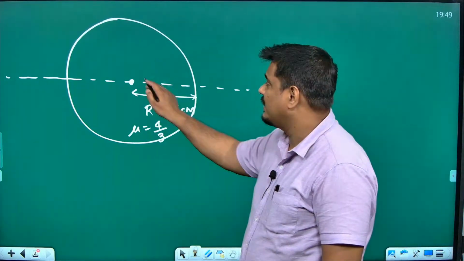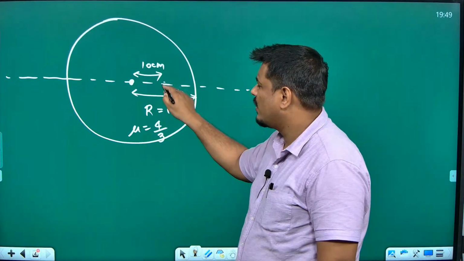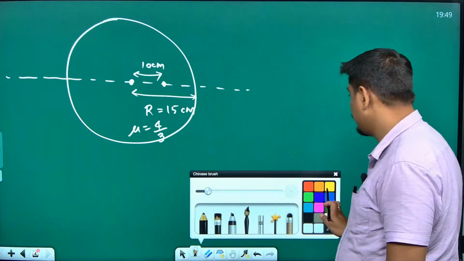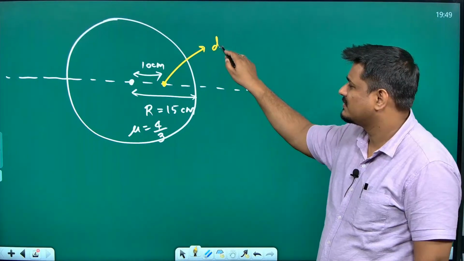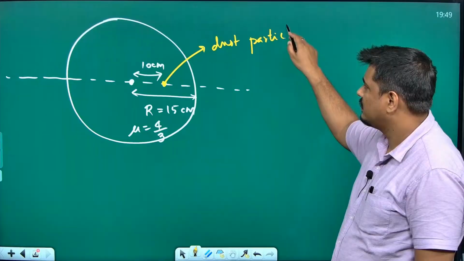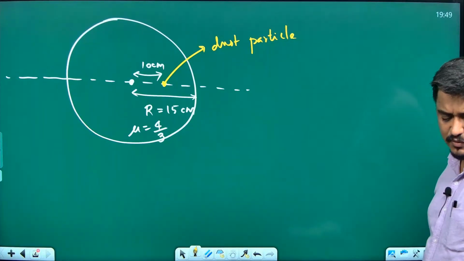The dust particle is 10 centimeter towards the right of the center. Is it clear to you? This yellow dot is the dust particle. That's all given. Find the answer. Outside is air, obviously.